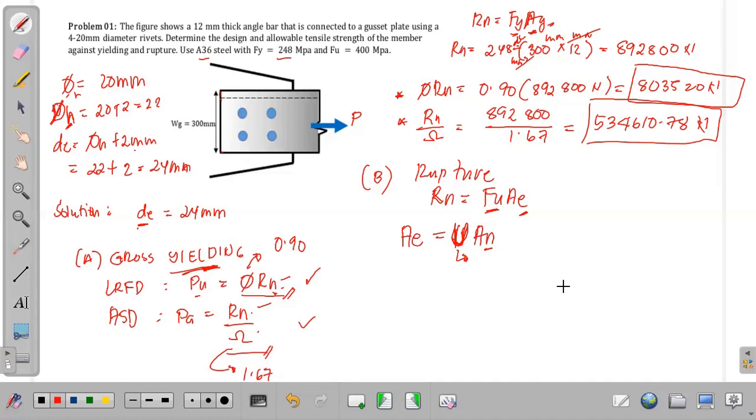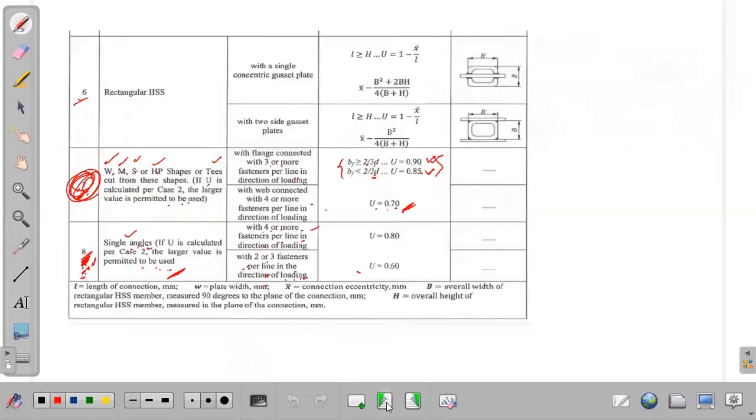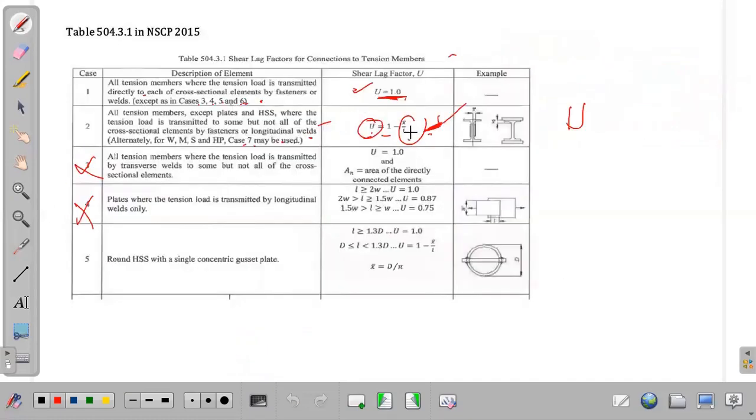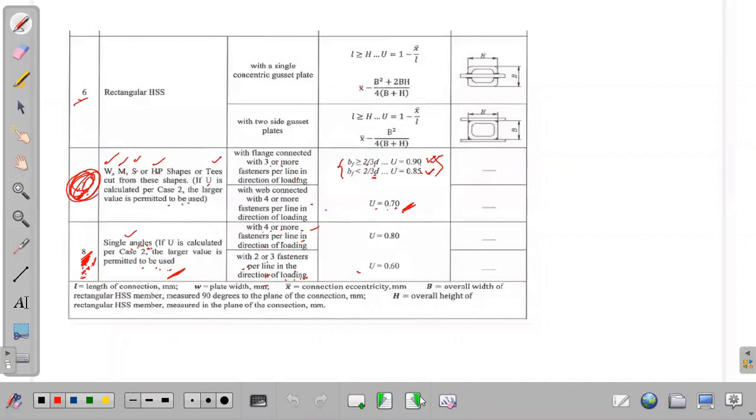Value for the shear lag factor. Because the length of the connection, pagkabalik kayo dito sa case 2, balik tayo dito. Ito, wala tayong given dito. So hindi natin ito masosolve. It cannot be solved using this case 2 since this value is not given. Okay? So anong gagamitin natin? Yung case 8.